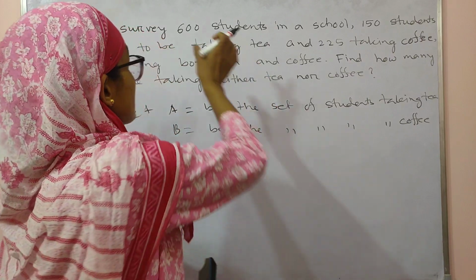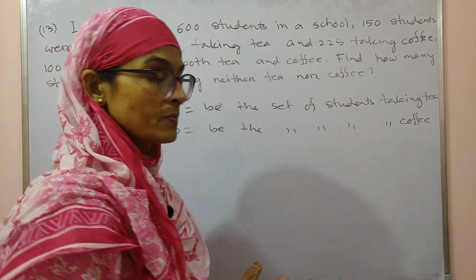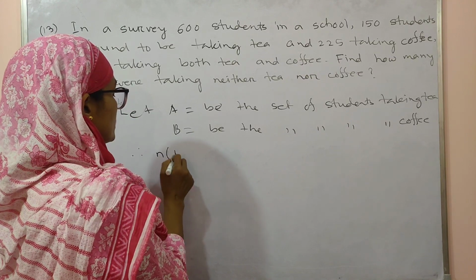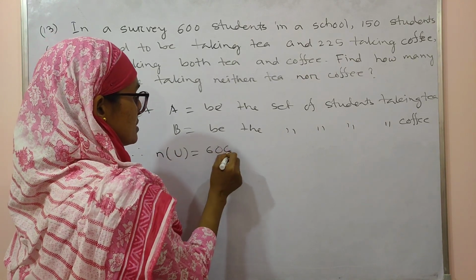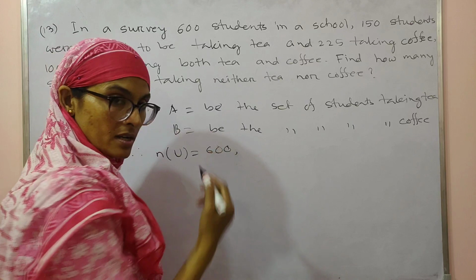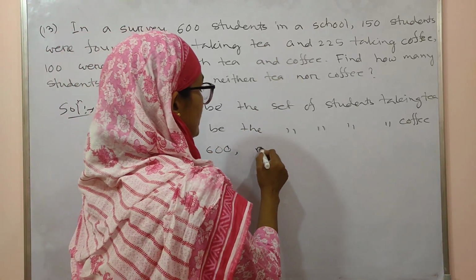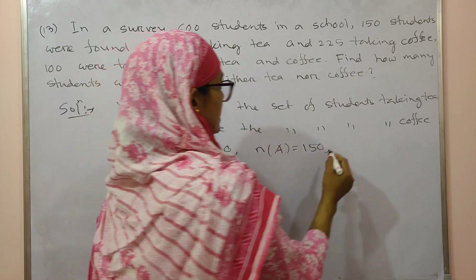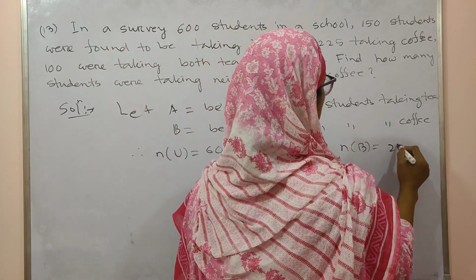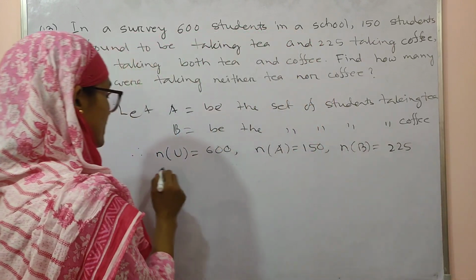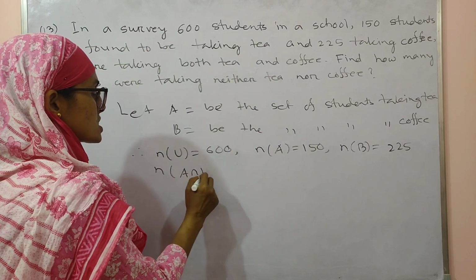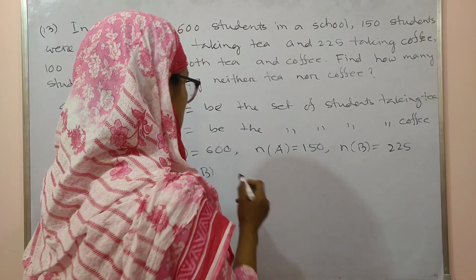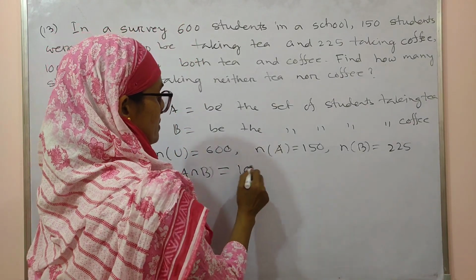Now here, this is the universal set U. Therefore, number of U 600, number of A 150, number of B 225 and number of A intersection B, taking both tea and coffee, that means intersection 100.